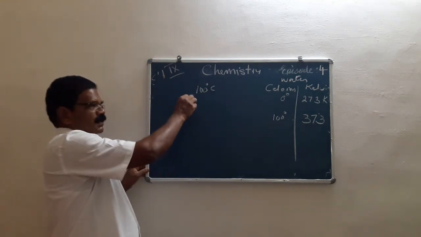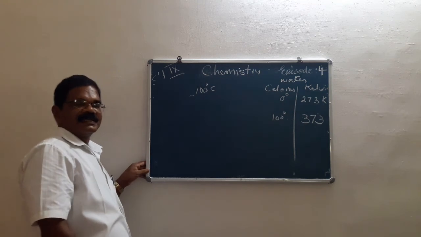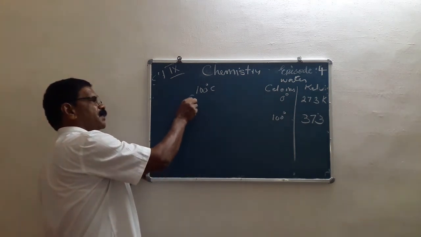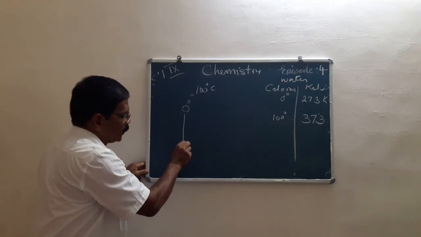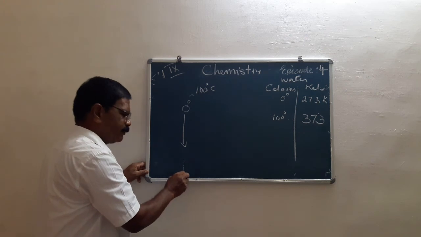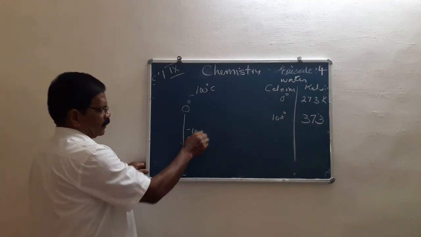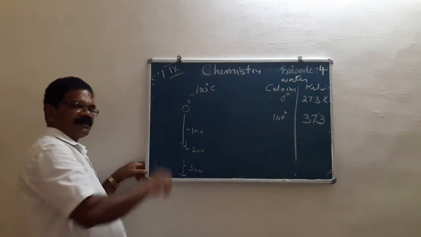You must be aware that in the Celsius scale, the temperature below 0 degrees can go down to infinity: negative 100, negative 200, negative 300, to infinity.